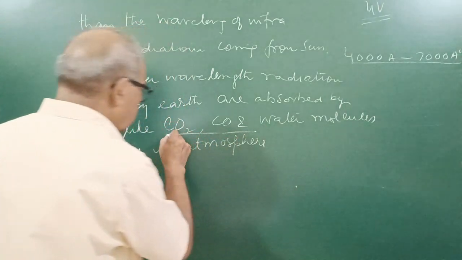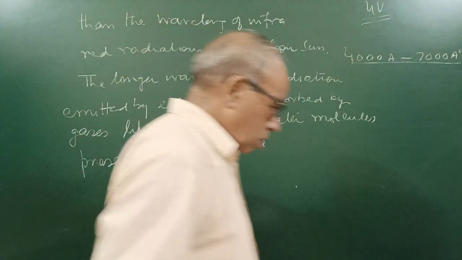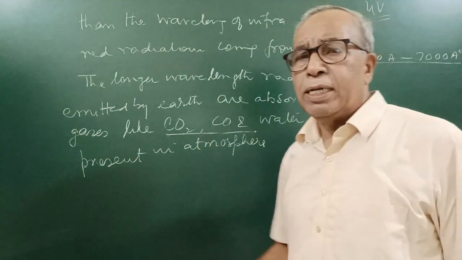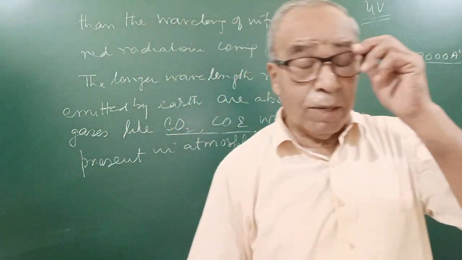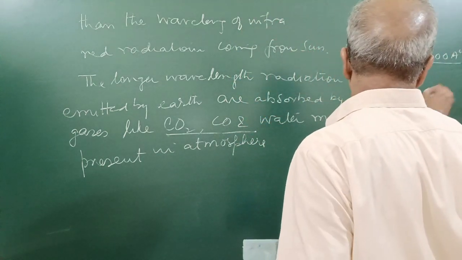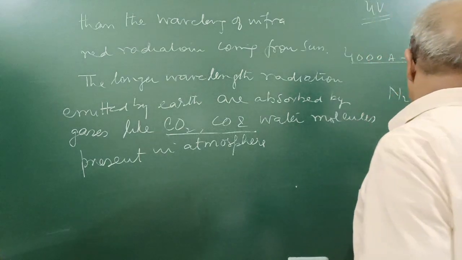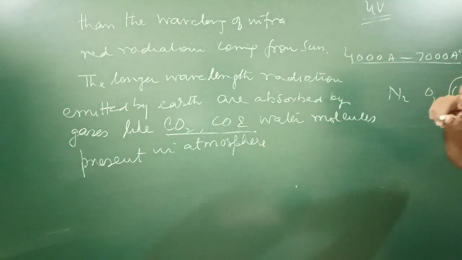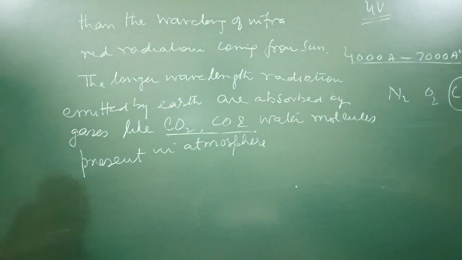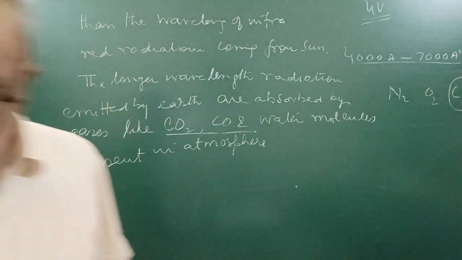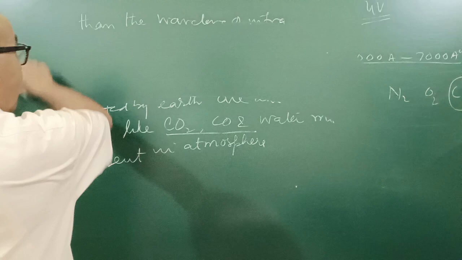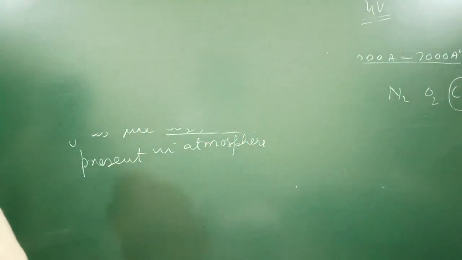These gases, though very small in quantity, stay in the lower atmosphere, being heavier. Our atmosphere has nitrogen, oxygen and CO2 mainly. CO2 is the heaviest among these three, so it remains in the lower atmosphere. So this infrared radiation is absorbed by CO2 gas and the temperature of the environment increases.